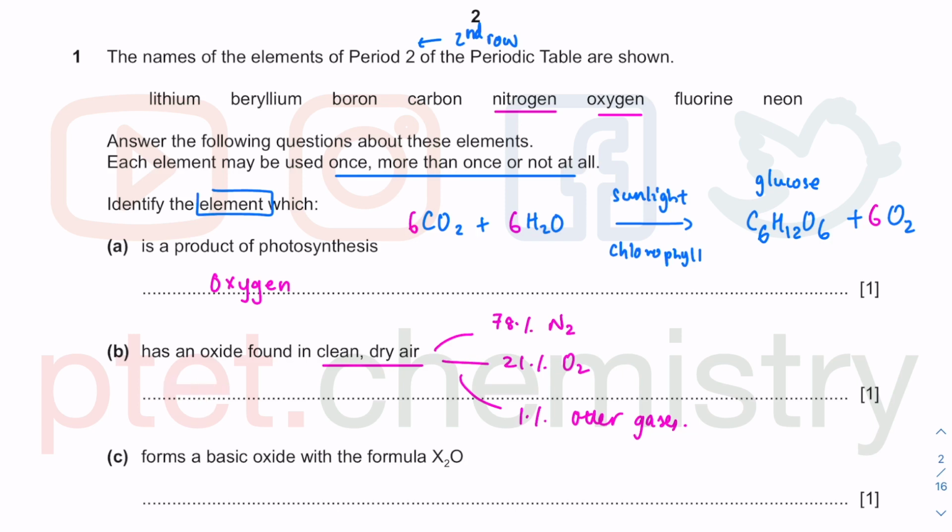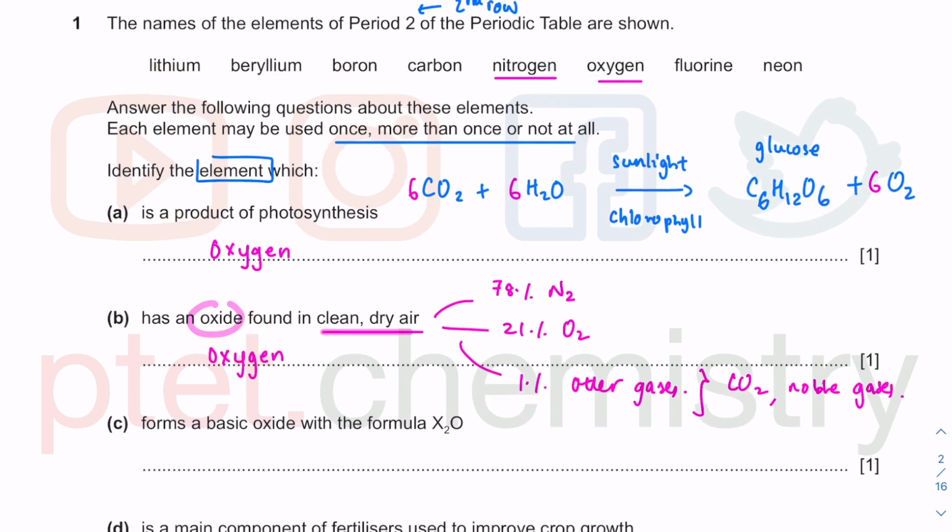Hang on. It cannot be nitrogen because this oxide is found in clean dry air. In the 1% of other gases, we have CO2 and some noble gases, but clean dry air does not have oxide of nitrogen. So this answer here must be oxygen and cannot be nitrogen, because oxide of nitrogen is a pollutant there.